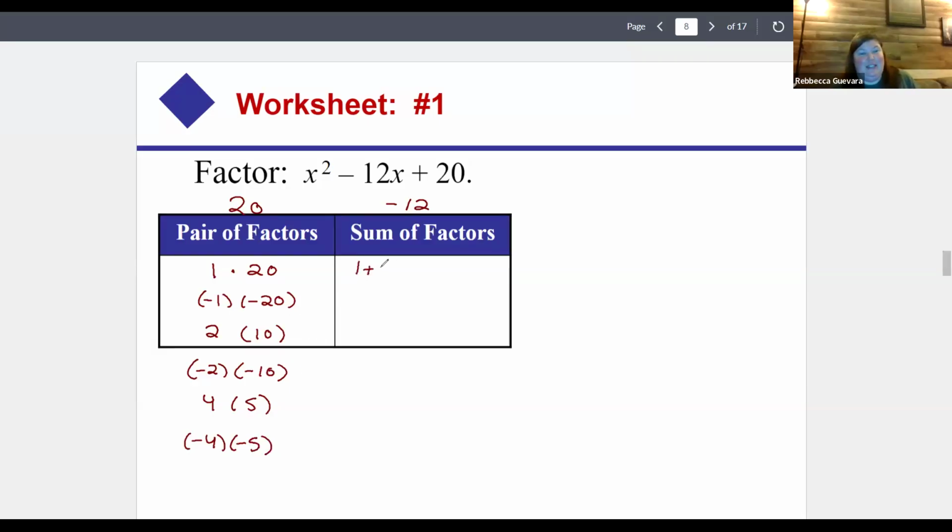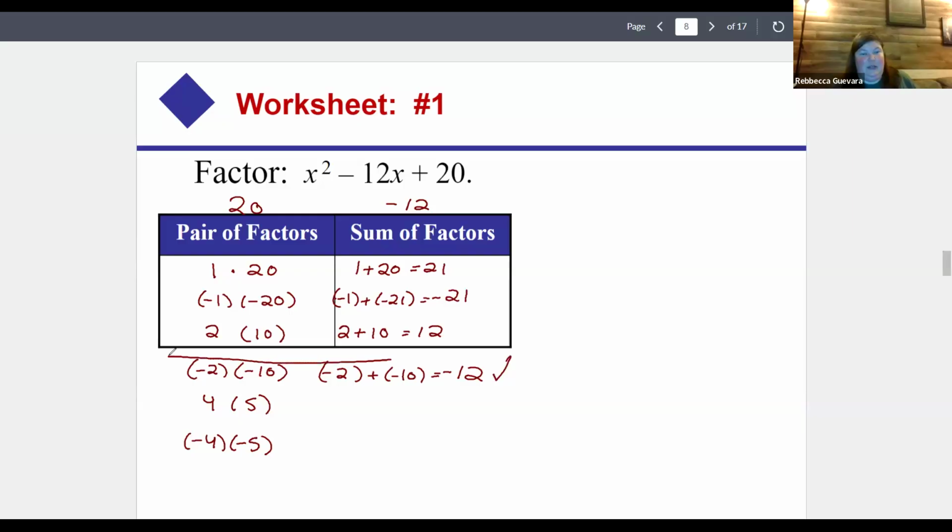So if I add these up, that's going to be 21. If I do the negatives, as you see, that's going to be negative 21. If I do the 10 and the 2, that's going to be 12. Almost have what we need. If I do the negative 2 plus the negative 10, that gives me negative 12.